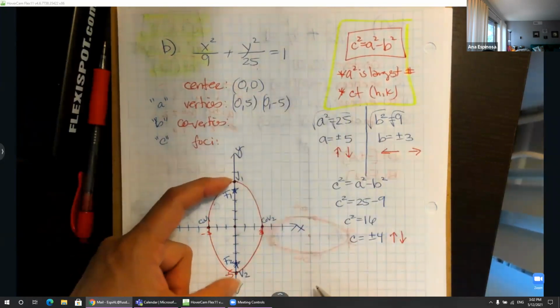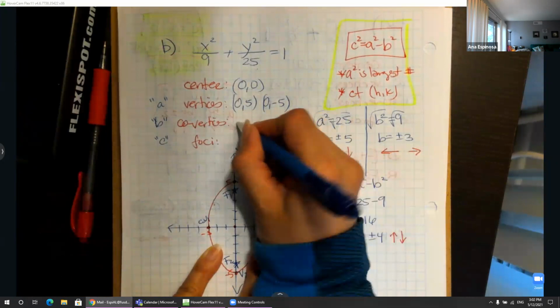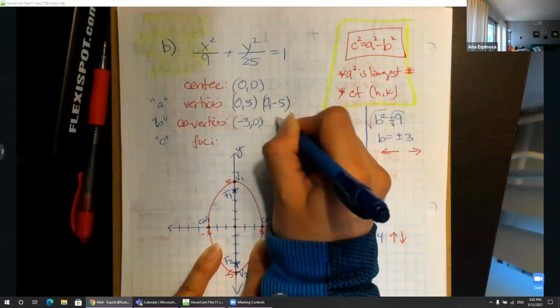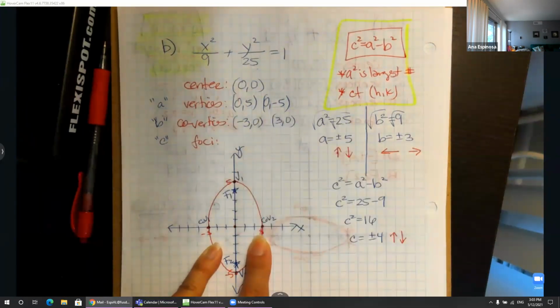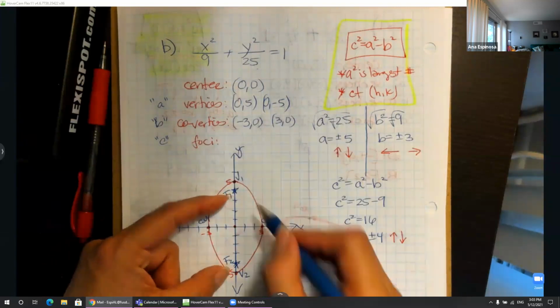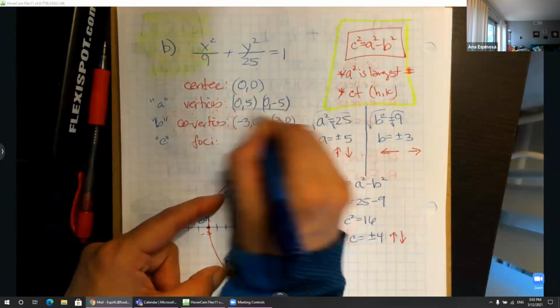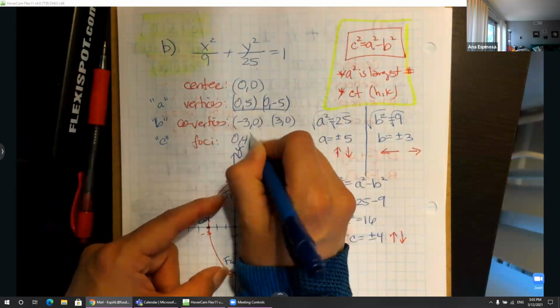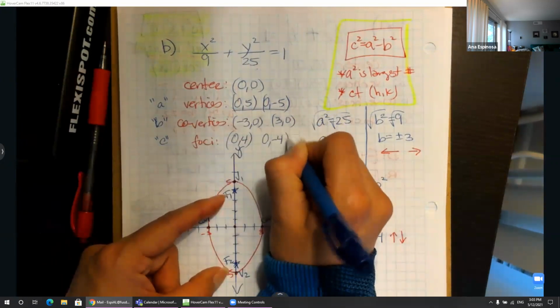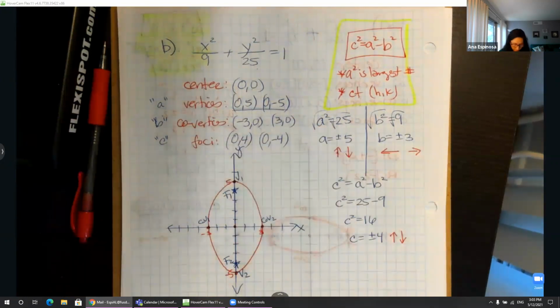I hope you know how to extract those points. Over here, (-3, 0) and (3, 0). And then the focus points are going to be in the same format as this. So it's (0, 4), (0, -4). And that's it. You're done with this.